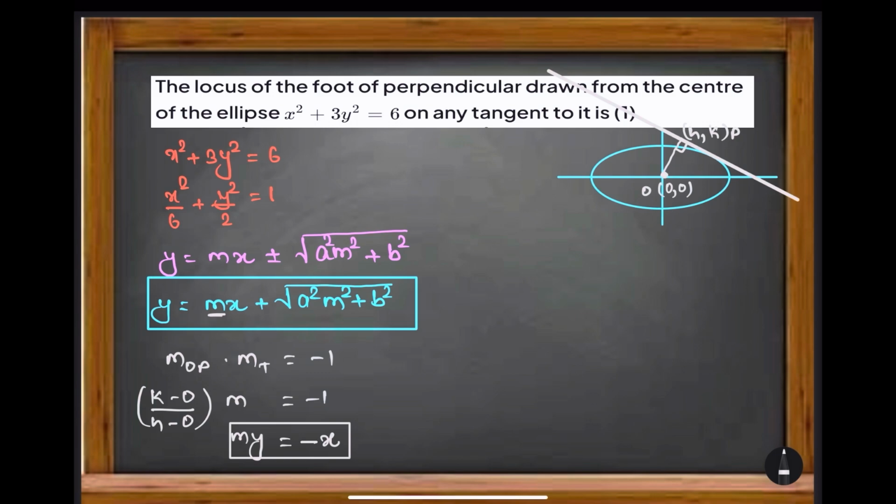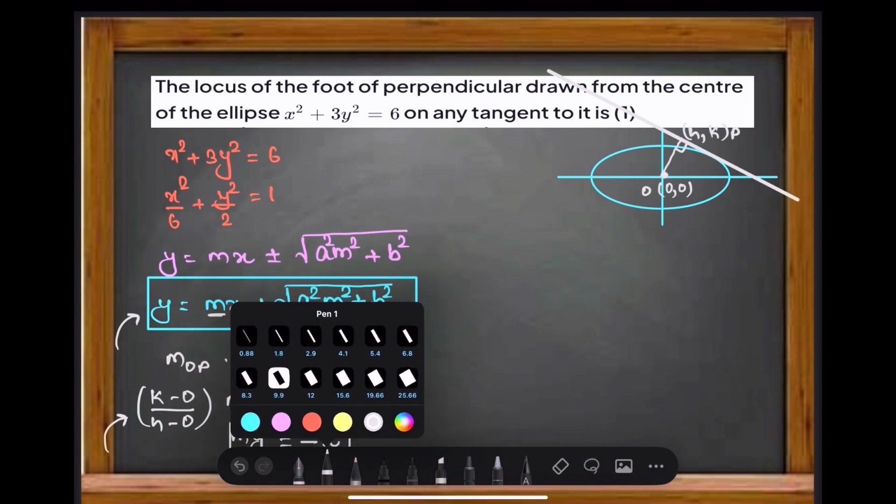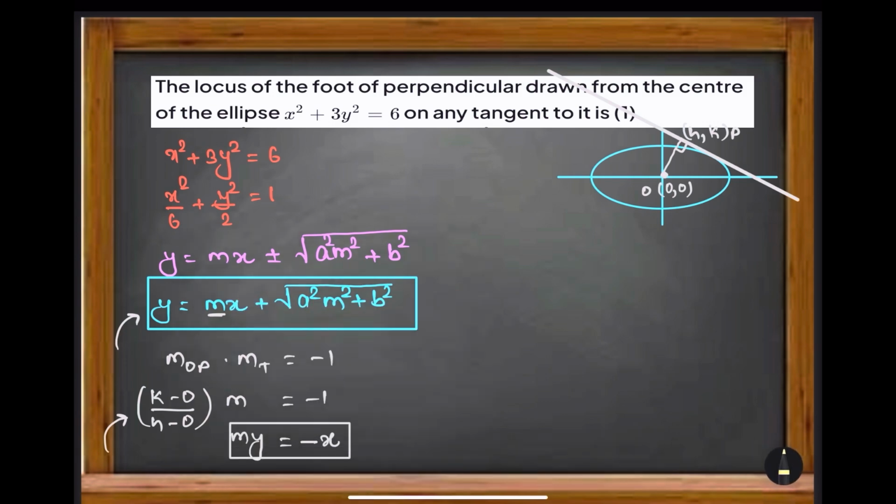Now you have introduced h, k and m, so it is our responsibility to remove these. Correct? h and k we have removed by replacing them with x and y. Now it's time to remove m. So in place of m, can I write minus x by y?